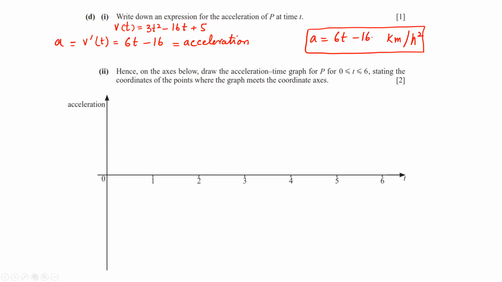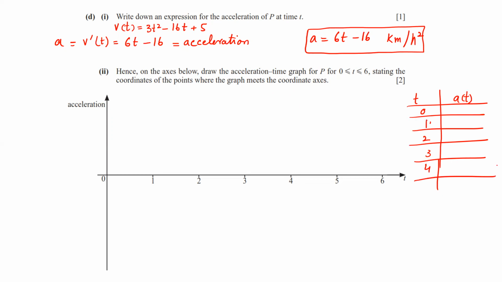Okay. So now, hence on the axis below, draw the acceleration time graph. So now this is an acceleration time graph. This is a straight line, so the graph would be a straight line. So again, time t and acceleration a of t. Okay, 0, 1, 2, 3, 4, 5, 6. At time t equals 0, this value will be minus 16.